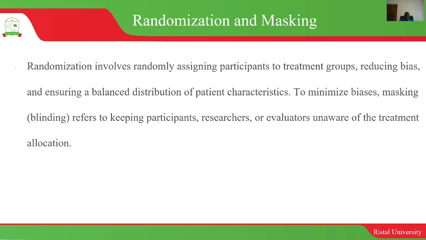Randomization and masking. Randomization involves randomly assigning participants to treatment groups, reducing bias. For example, when you select something at random, it means you had no predefined criteria, so it occurs by chance, and then it minimizes bias and ensures a balanced distribution of patient characteristics. Masking, or blinding, refers to keeping participants, researchers, or evaluators unaware of the treatment allocation.